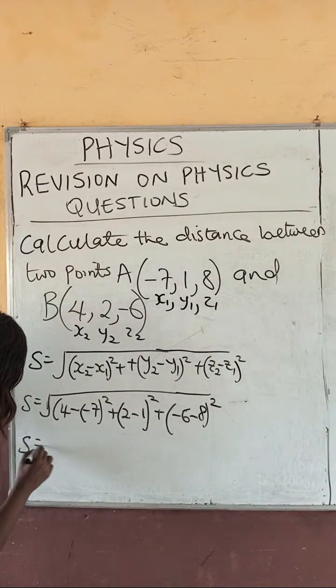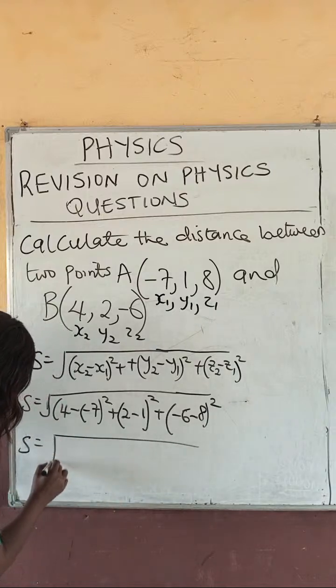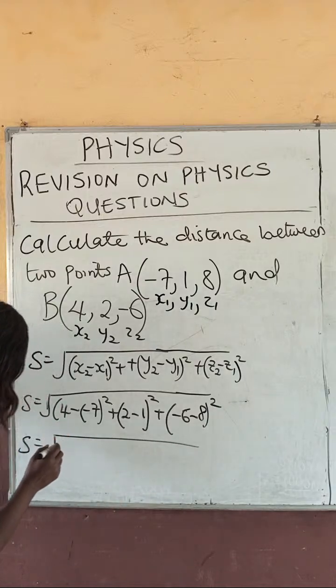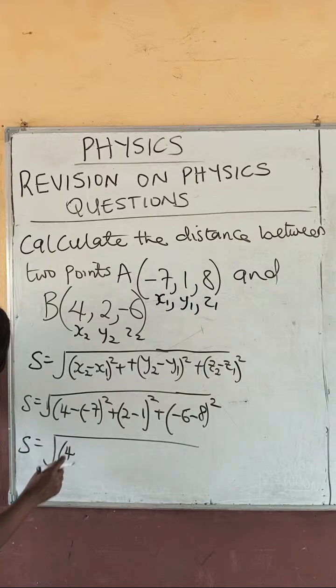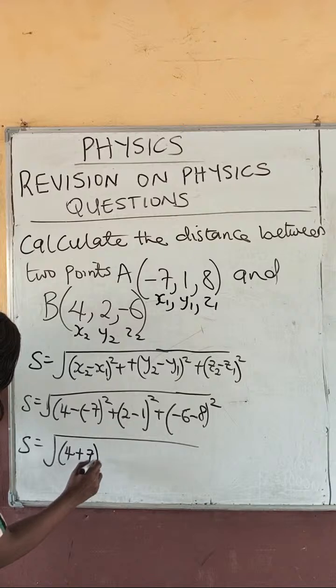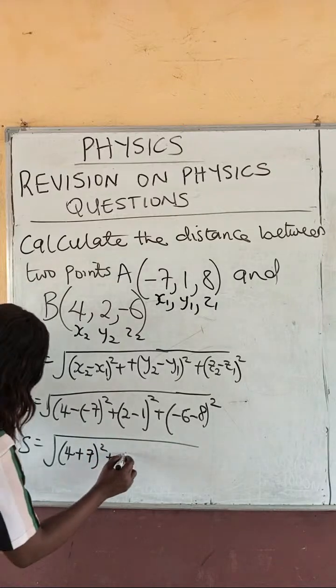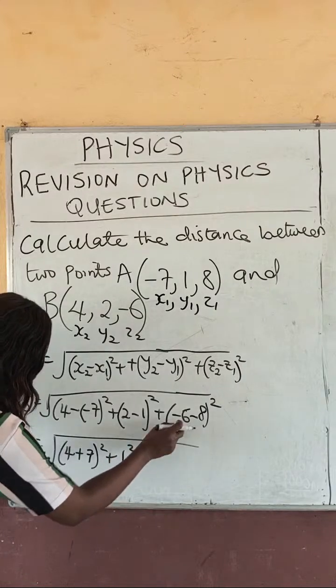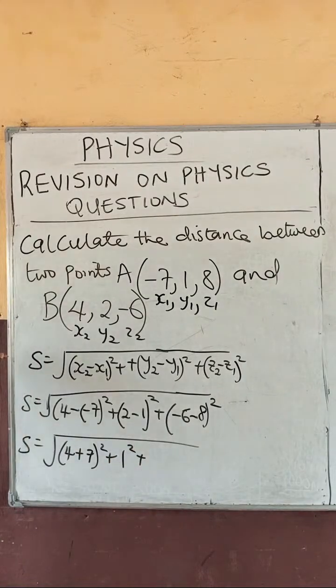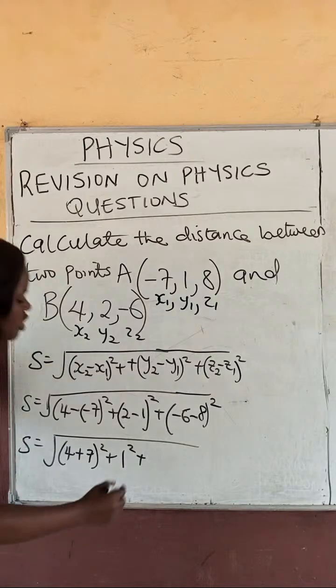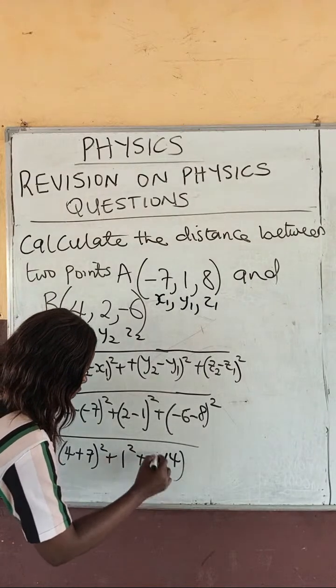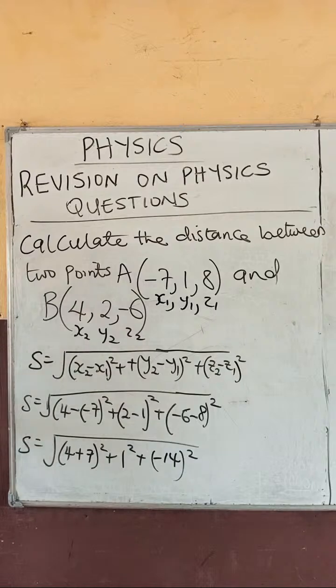Now x is equals to, I have 4 minus times minus is plus, right? I bring down 7 all squared plus 2 minus 1 is going to give me 1 squared plus, I have minus 6 minus 8 is going to give me minus 14 all squared, right?